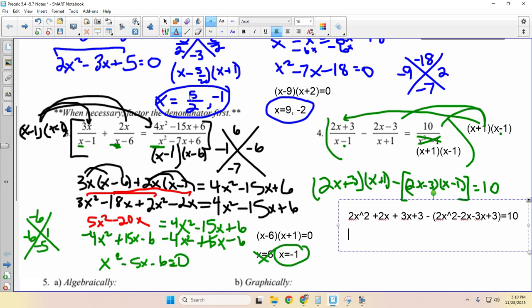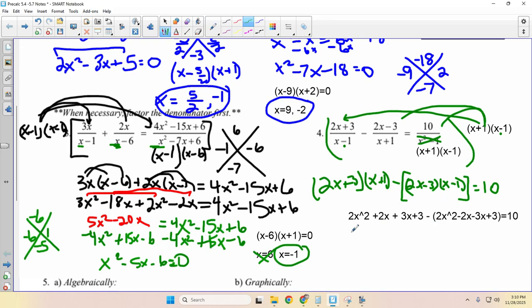So we get 2x squared, the 2x and the 3x add together to be 5x plus 3 minus, plus, negative 2x minus 3x is negative 5x.